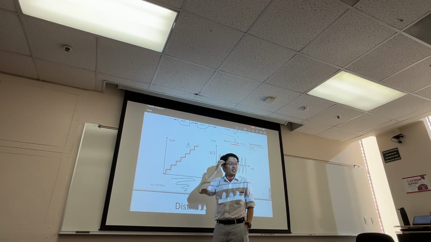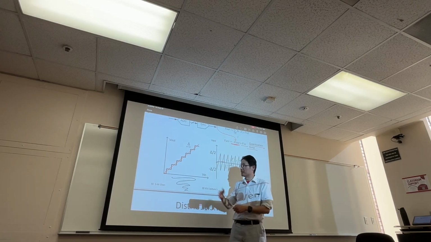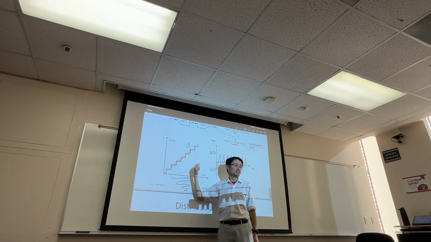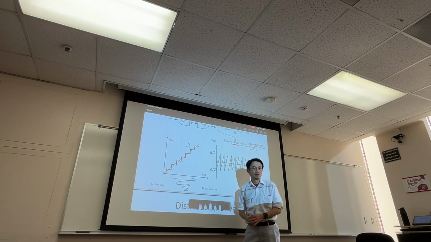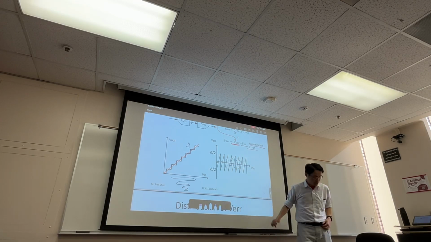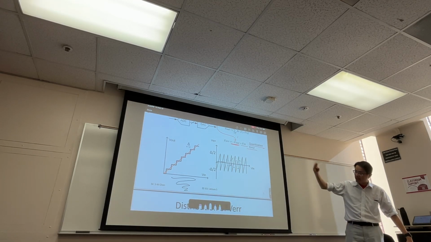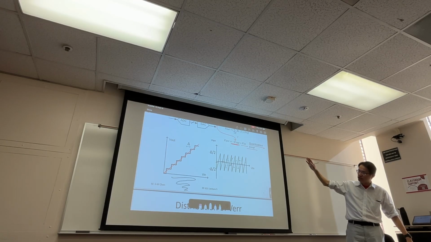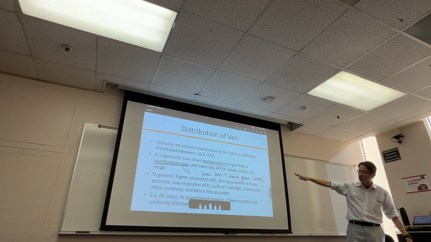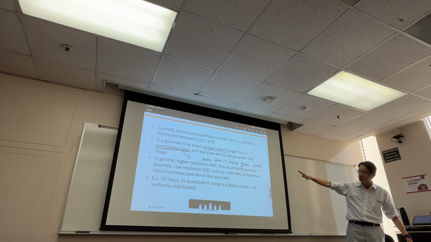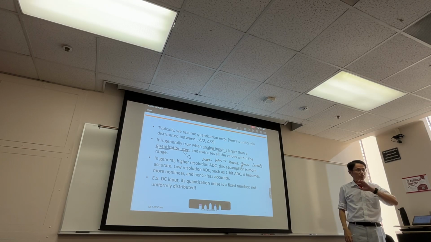When you have more stairs, that pretty much suggests that your input may exercise multiple of these deltas. Basically, that's the same thing. So for the higher resolution ADC, generally this assumption of uniform distribution between plus minus delta over 2 is a very good assumption.